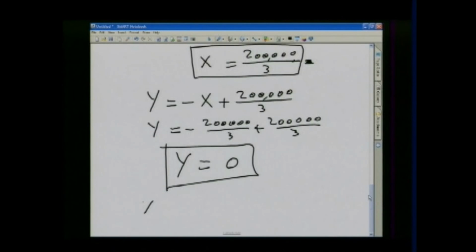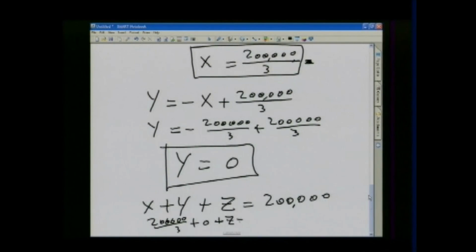And since x plus y plus z was equal to $200,000, then since x is 200,000 divided by 3, plus y is 0, plus z equal 200,000.